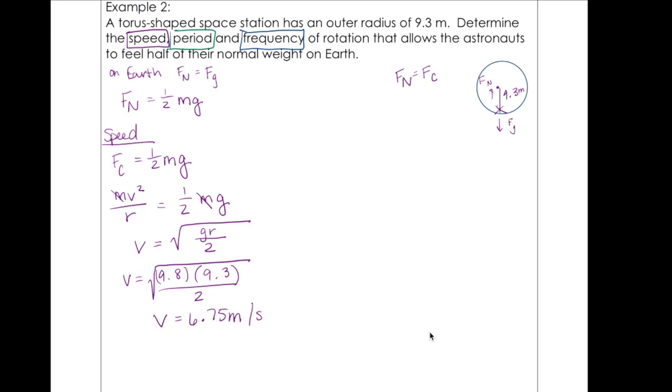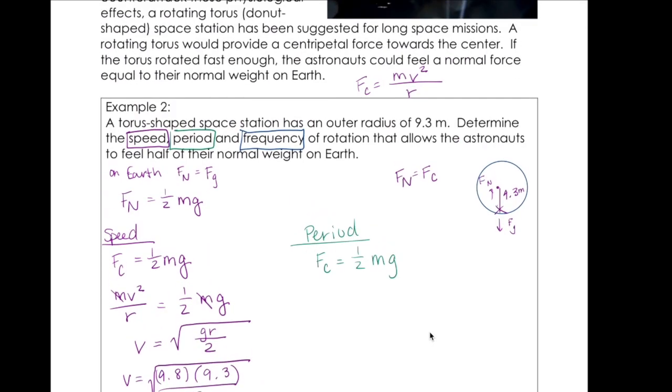Okay, for period, once again, we can use the F c equals 1/2 mass times gravity. Okay, and looking at this equation here, we know that F of c equals mass times the centripetal acceleration. Okay, and then for this problem here, what I did was I just plugged in the v squared divided by r for a c.